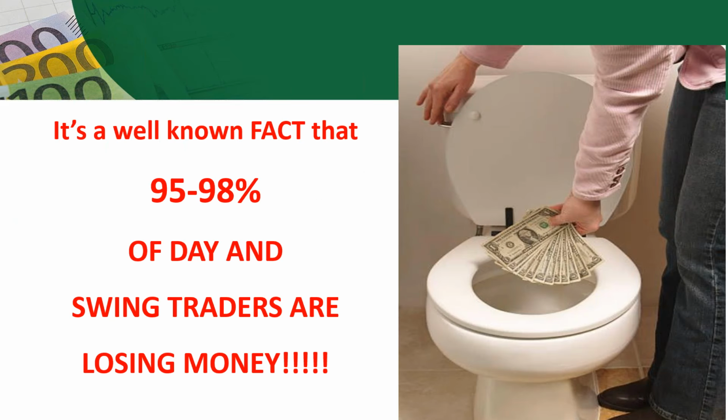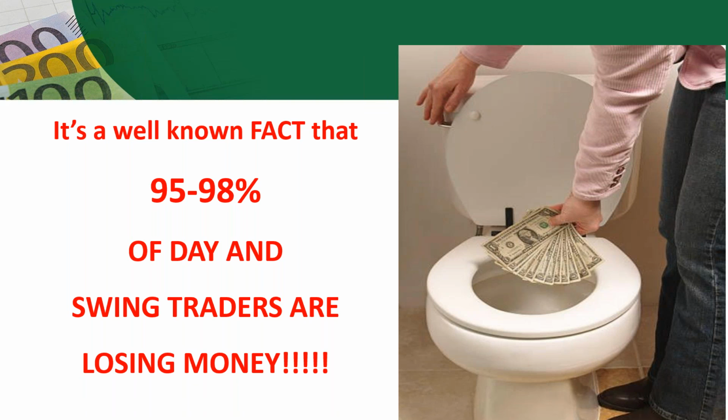All right, so look, it's a well-known fact that 95, 98% of day traders or swing traders are losing money. Just like this guy here, he's a retail trader, and he might as well just flush his money down the toilet. My friend Steve that works at a brokerage firm, you know what they call retail traders? The guppies. He says, when a guppy opens up an account with $10,000, we love it.